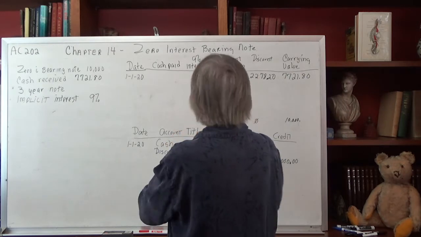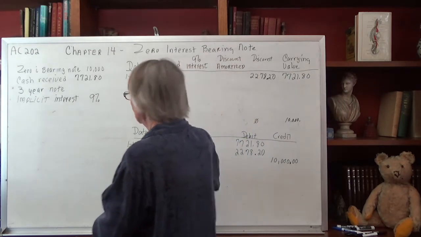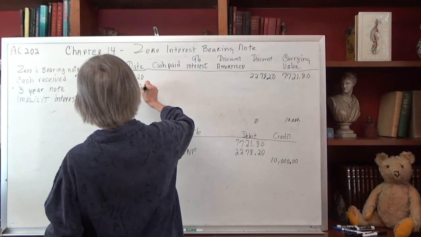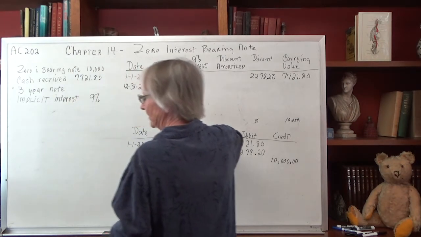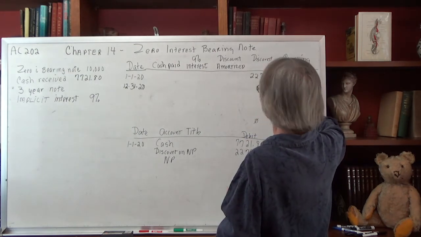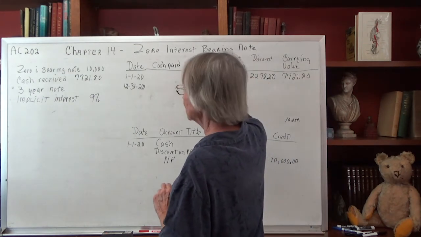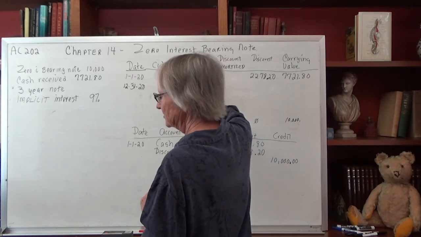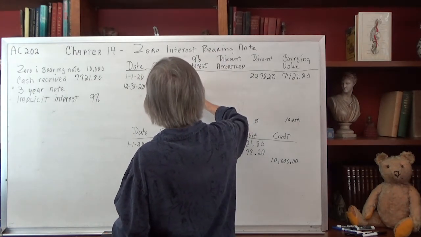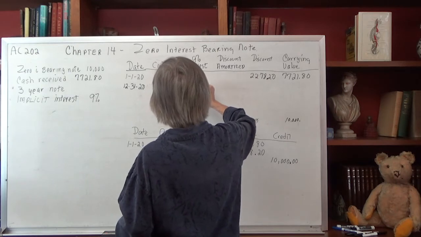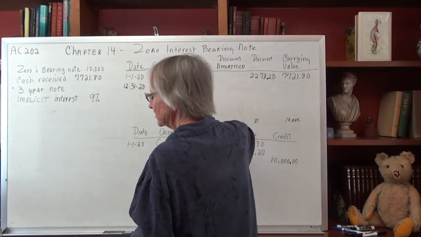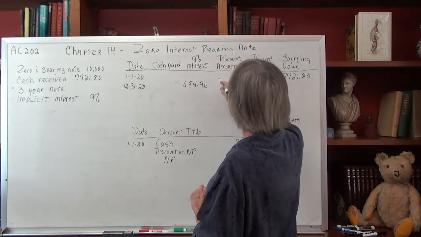So let's see what happens here at 12/31/20. We're going to make a journal entry at 12/31/20. Interest expense, we're going to take the 7,721.80, multiply it by 9%, and we're going to get $694.96. That's going to be the interest expense.